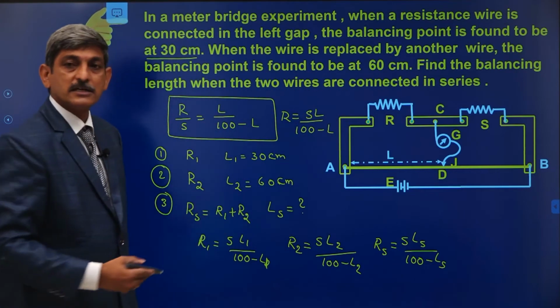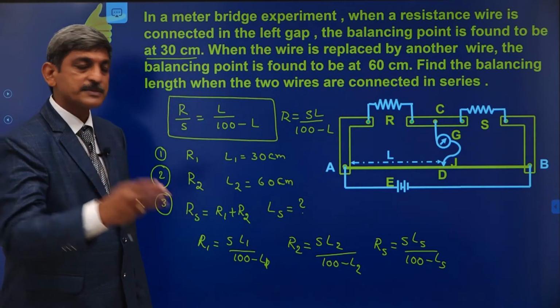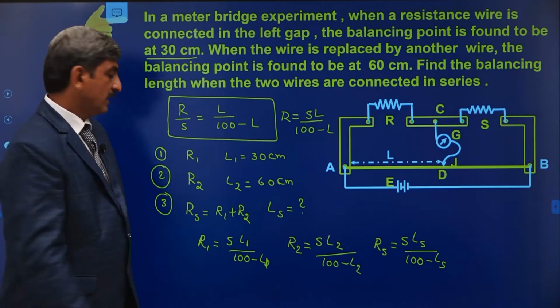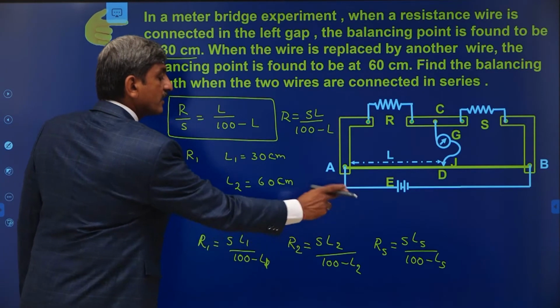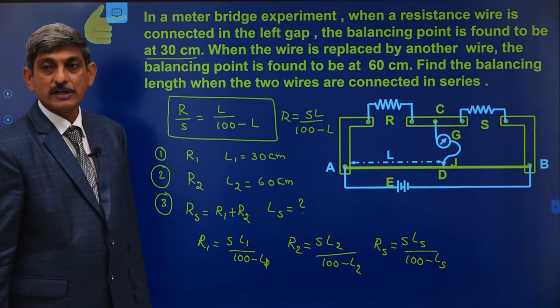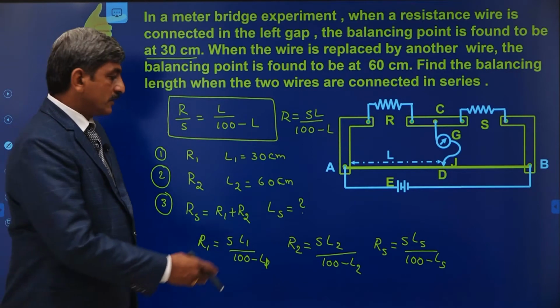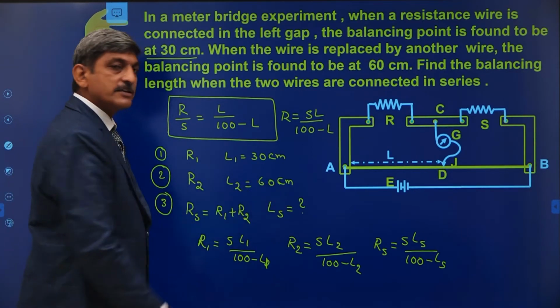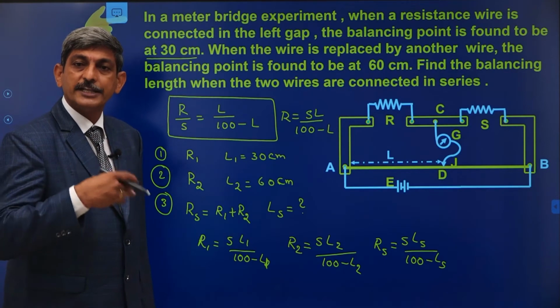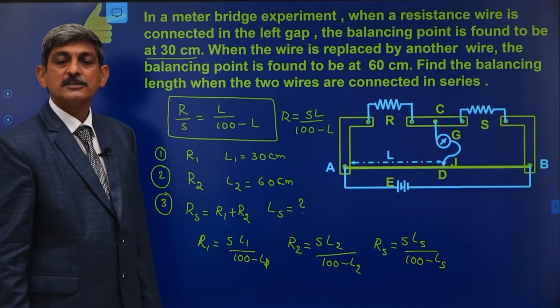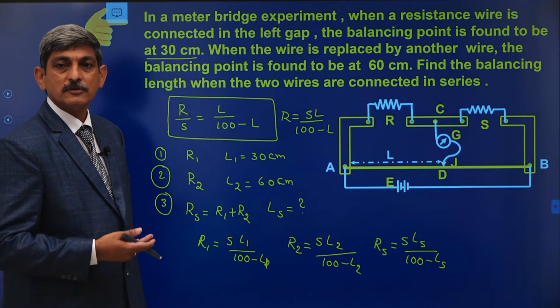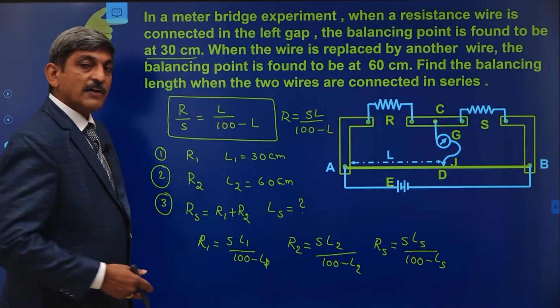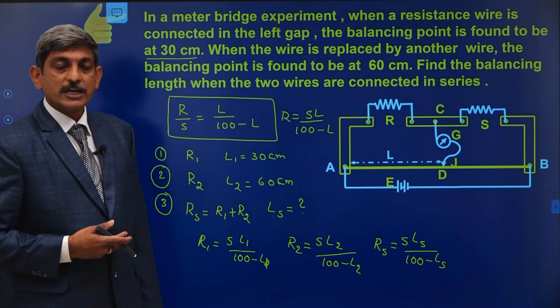So, I apply the balancing condition 3 times for the 3 cases. Here, L1, L2 values are given, we have to find out LS value. So, in terms of L1, L2, I am going to obtain an equation for LS to generalize the problem, and after that I will apply the given L1, L2 values.